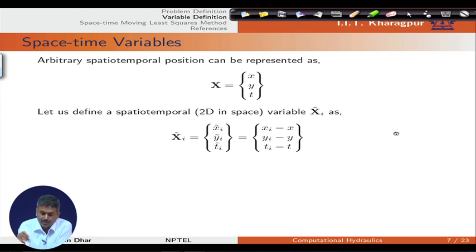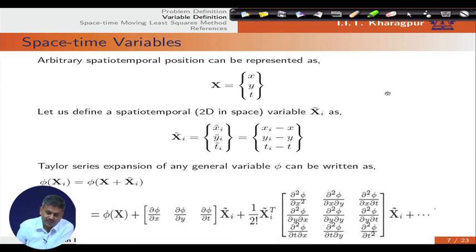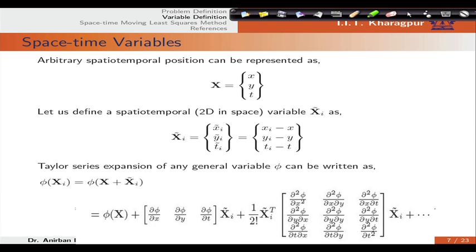So, if we apply the Taylor series expansion, for any general variable phi, this can be written where this is our column vector. Now, in this case, this is our Jacobian, and this is our Hessian matrix.